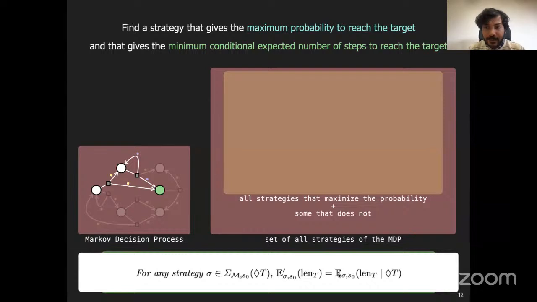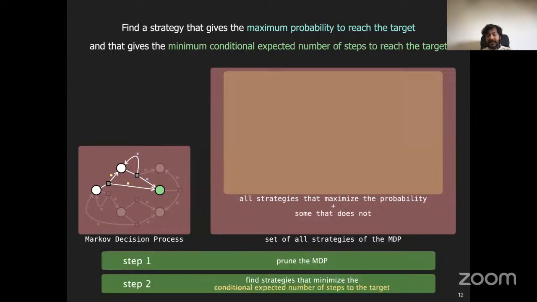So with that in mind, now that we have the pruned MDP, we just find a set of optimal strategies for the second objective, the unconditional objective. And we know that both these objectives can be done with positional strategies. So you can just use any off-the-shelf model checkers that will give you the strategies for this.